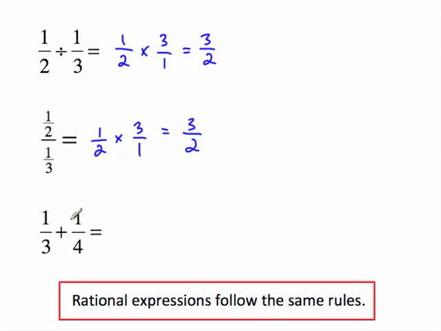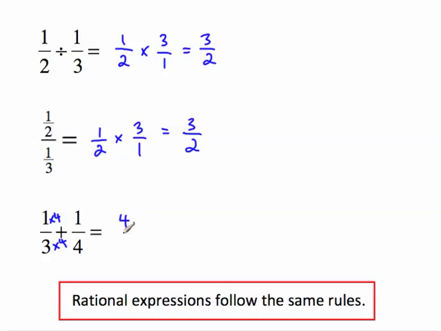Also, remember that when we are adding or subtracting fractions, we need to find a common denominator. The lowest common denominator here of 3 and 4 is going to be 12. In order to get 3 up to 12, we need to multiply it by 4. If we do that to the denominator, we need to do the same to the numerator.